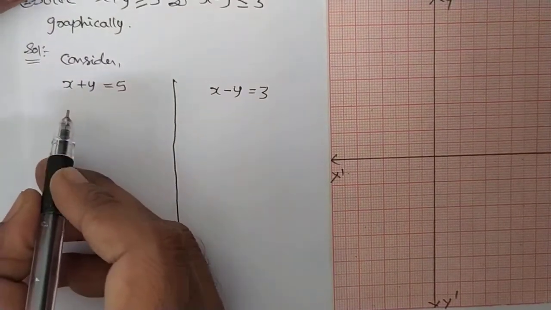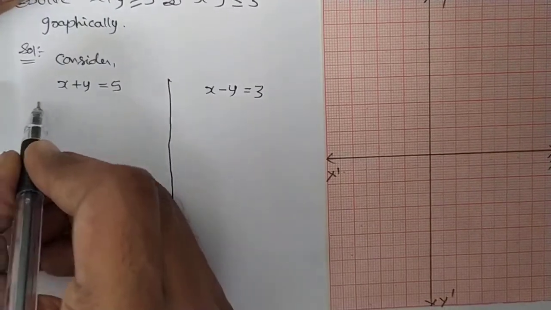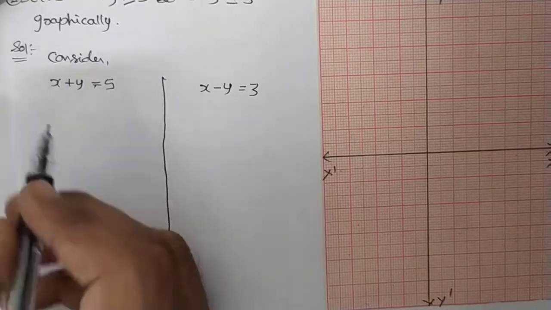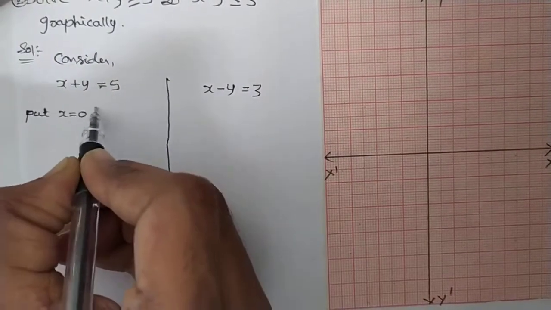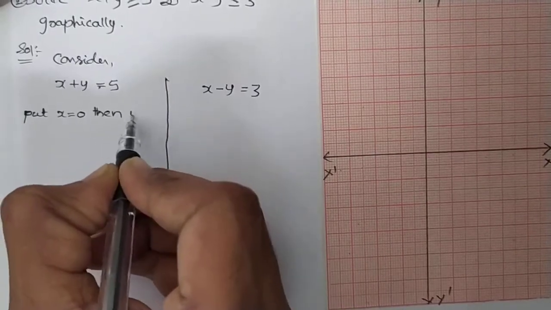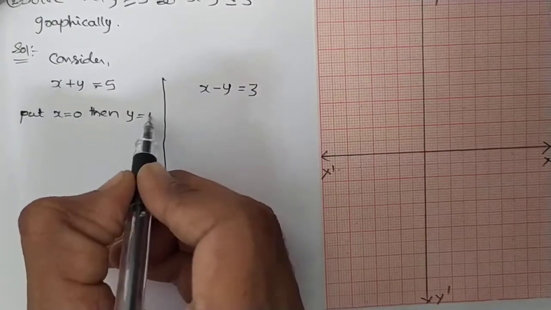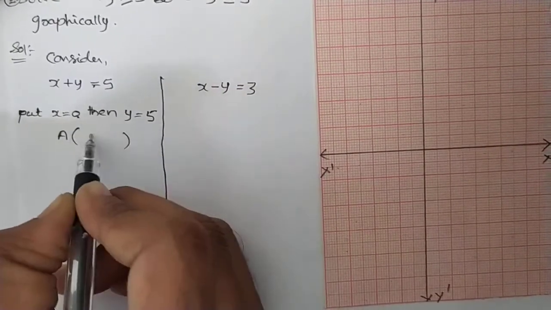First step is, whatever the inequality is given, we have to consider equal. Second step is, put x equals 0. Then y equals what? If x is 0, then y equals 5. Therefore, the point A will be 0, 5.